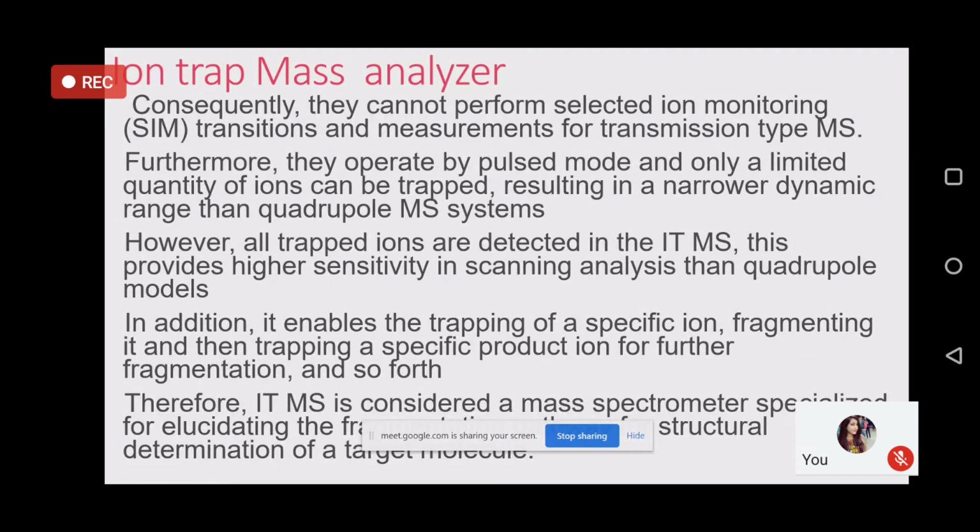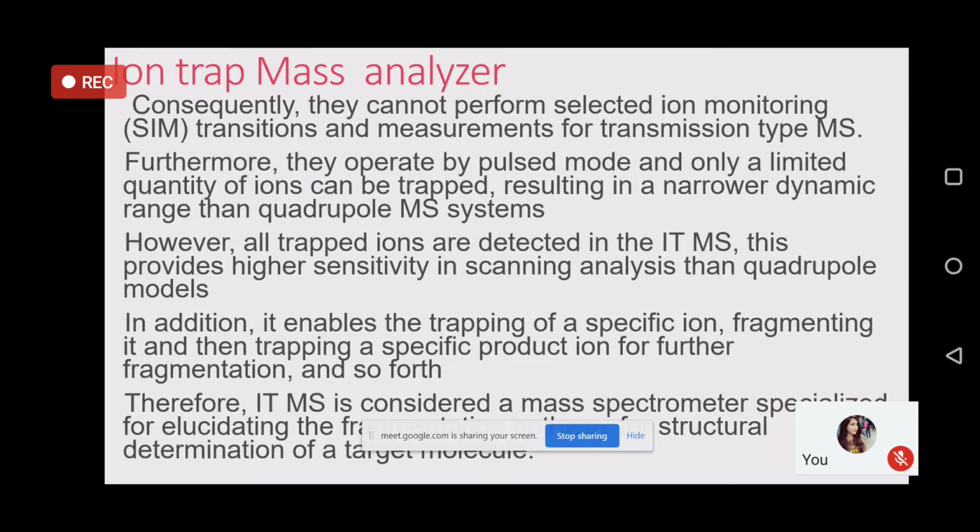So here also you scan all the possible M by Z values from the lowest to the highest, compile their responses together, and you will get what is called the mass spectrum, with limits from the lowest M by Z to the highest possible M by Z value. That is how the difference exists between the ion trap and the quadrupole.